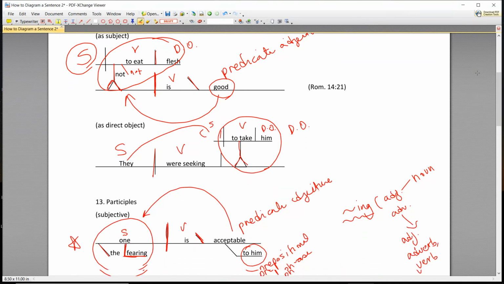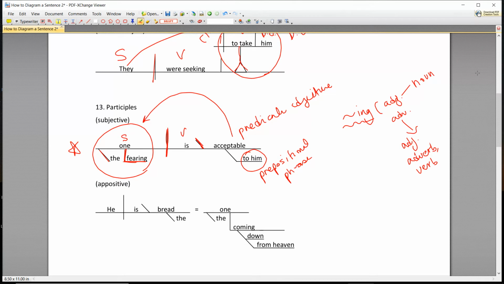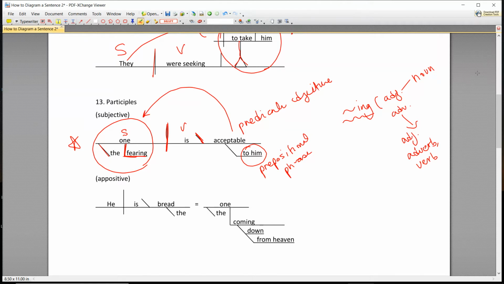And here, I think it's a prepositional phrase, yeah, to him. Yeah, I don't think it's an indirect object. Okay, so it's good.